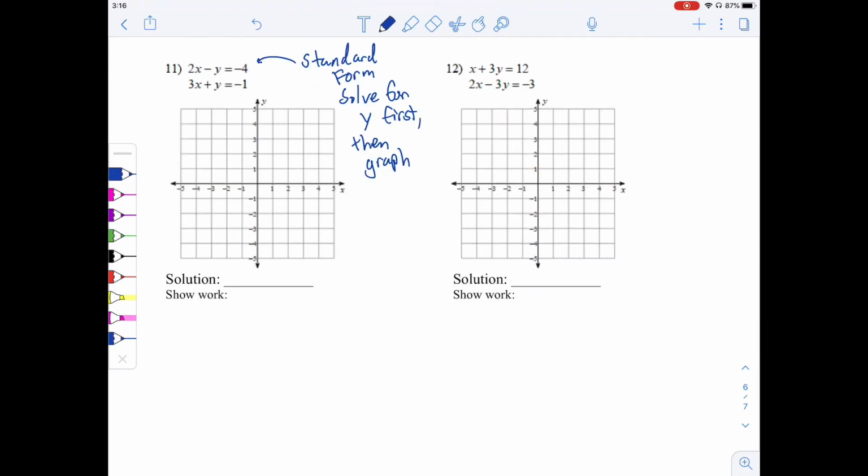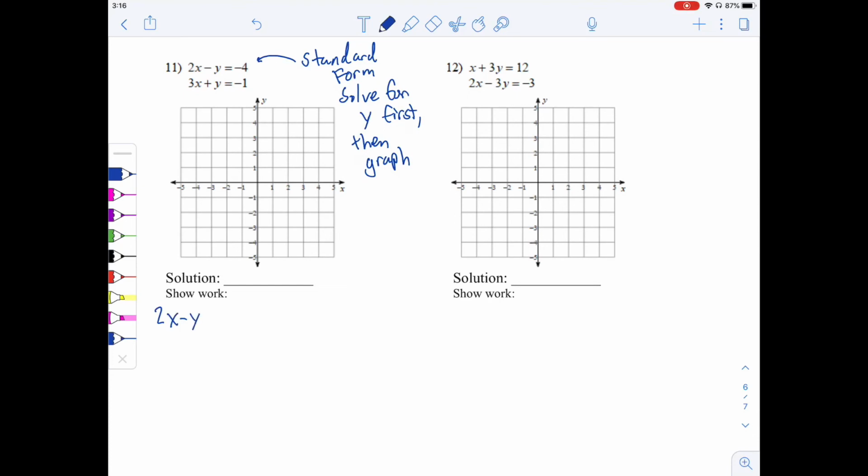So let's do the first one. All right, so 2x minus y equals -4. We're going to solve for y. Always subtract the x value first from both sides. So we have -y, remember your sign, equals -2x minus 4. They're not like terms, we leave it separate all the time. Divide by -1 to everything to get rid of that negative in the front.